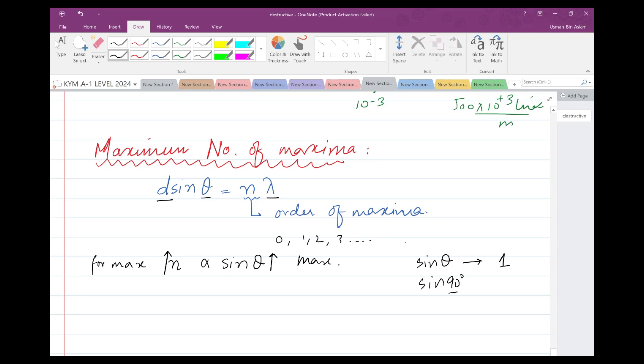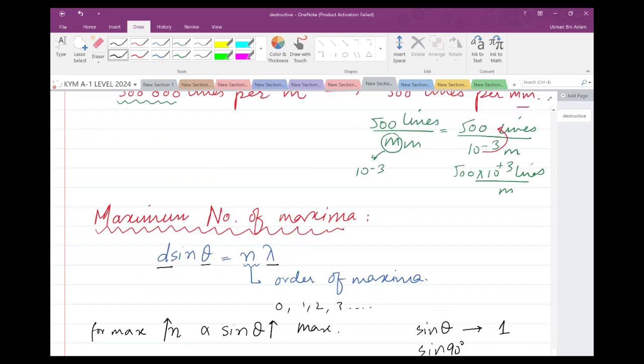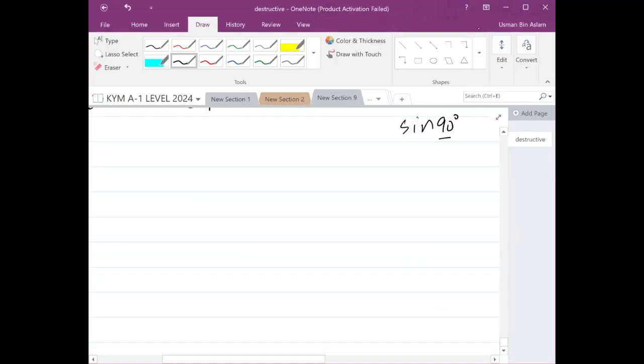That means the angle of diffraction is 90 degrees. That's when sine theta has its maximum value. And that's exactly where the maximum order of maxima should be formed. I'm going to explain that to you in a minute.